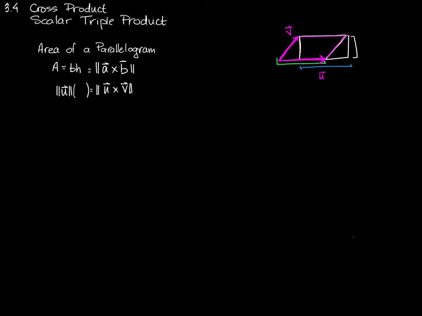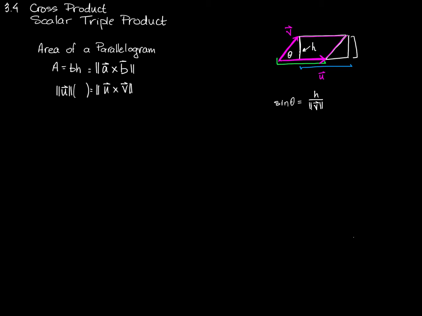Now, if I look at this triangle here, and I say that the angle between the two vectors u and v is theta, then I can say that the sine of theta is equal to, remember that this is the height of my rectangle and of my parallelogram, so I'm just going to call that height. The sine of theta is the height over the length of this line segment here, the hypotenuse of the triangle, but that's also vector v, and so the magnitude of vector v is going to be the length of the side of that triangle.